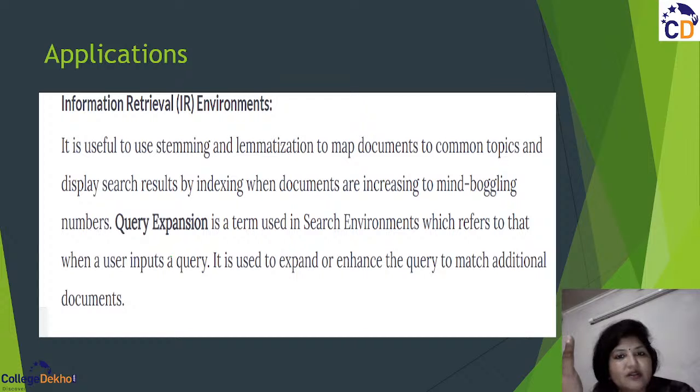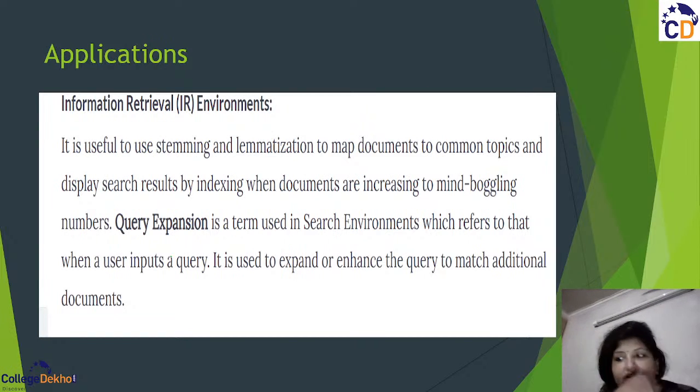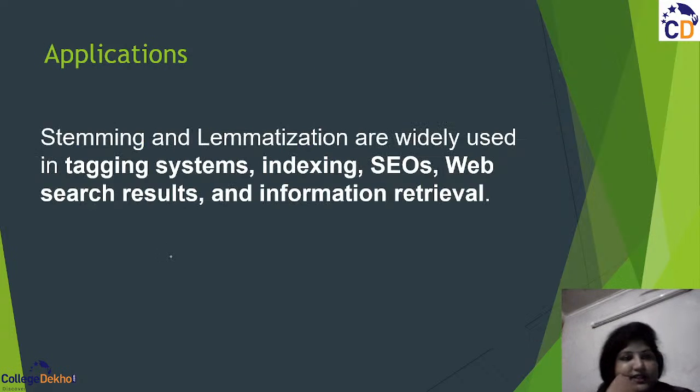It does not just make a summary out of it. It is going to have a complete understanding using lemmatization, moving into the detail using dictionaries, and then it is going to provide you the result. So how is it possible? Using lemmatization. Let's see other applications of stemming and lemmatization.